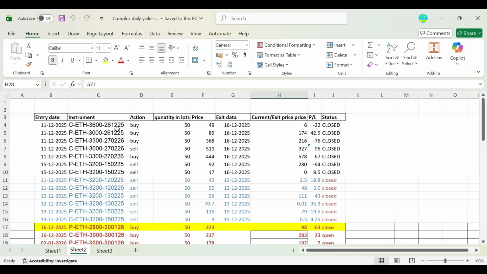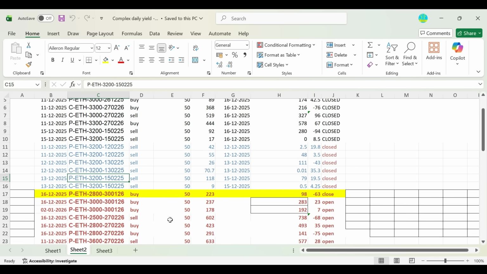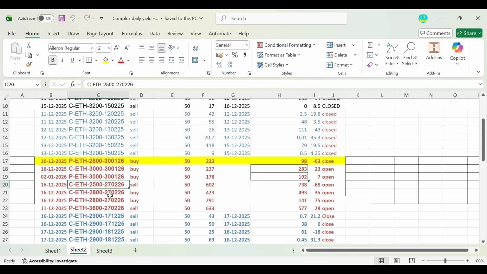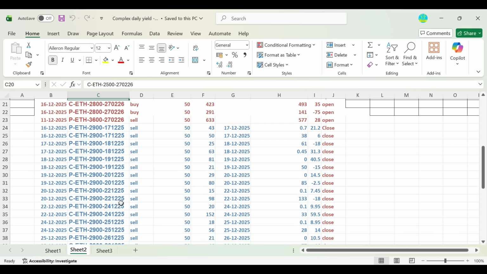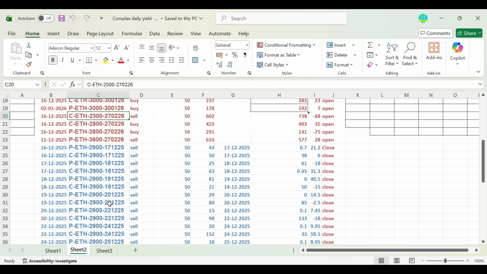We initiated with 3200 and 3000 call, 3000 call along with 3200 put. Within some 200 points difference we had taken, then the price fell, so we closed it. We moved to 2500 and other strikes. That time also all strikes changed, again closed, again moved.